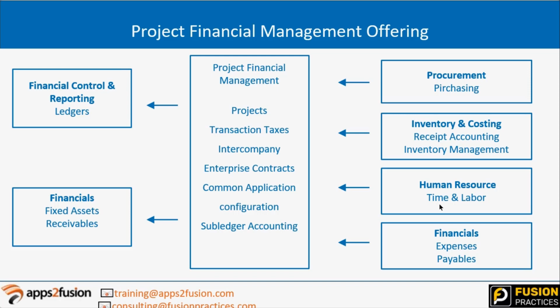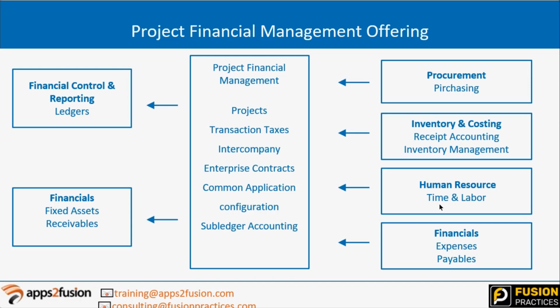Then we have the payables. Payables again becomes a major module, like the other one, and it is integrated with costing, or with project financial management. These become the source systems. All the ones that you see on the right side are the source systems which feed into project costing.